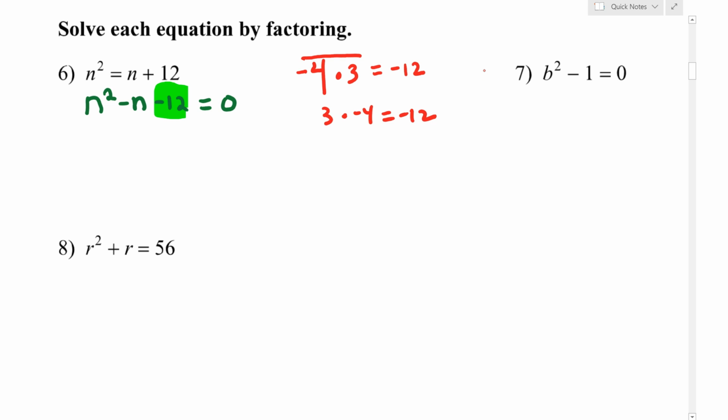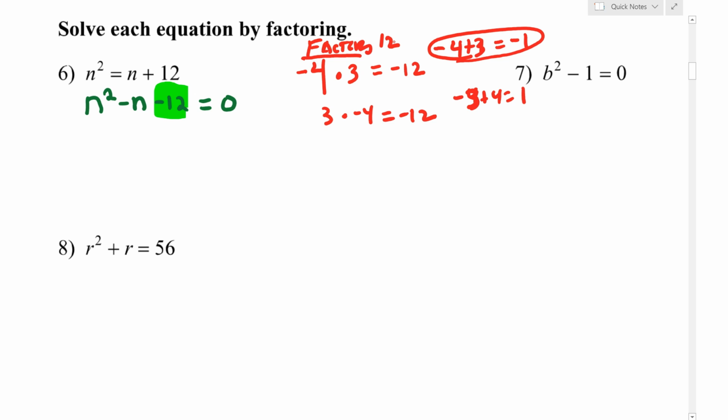When you add them, will they become negative 1? So you have negative 4 plus 3 gives you negative 1. Negative 3 plus 4 gives you 1. So it should be the factors negative 4 and 3.